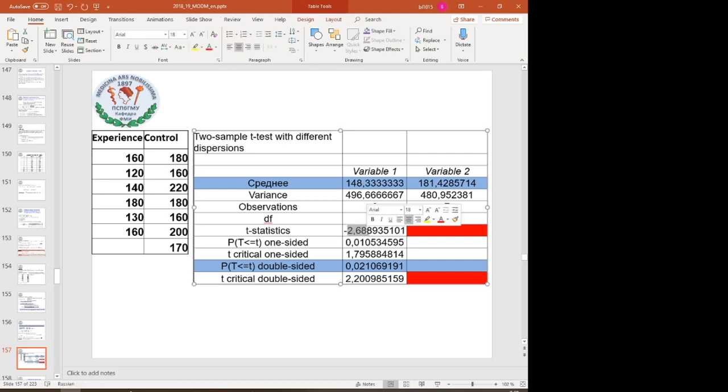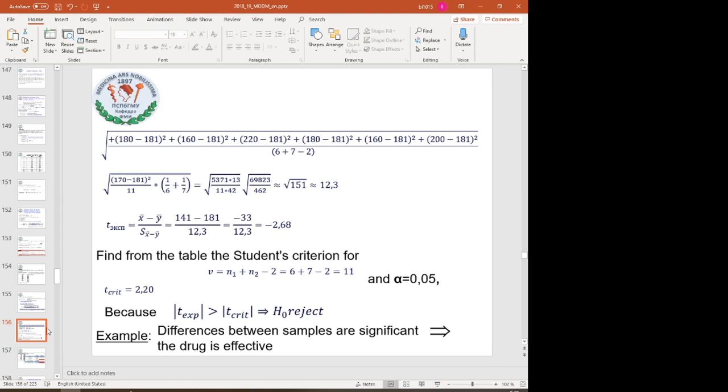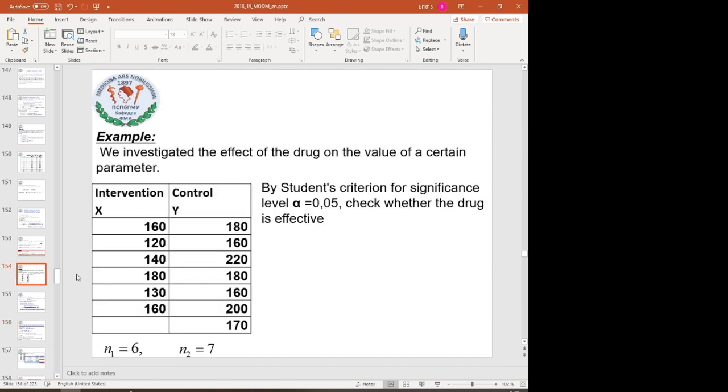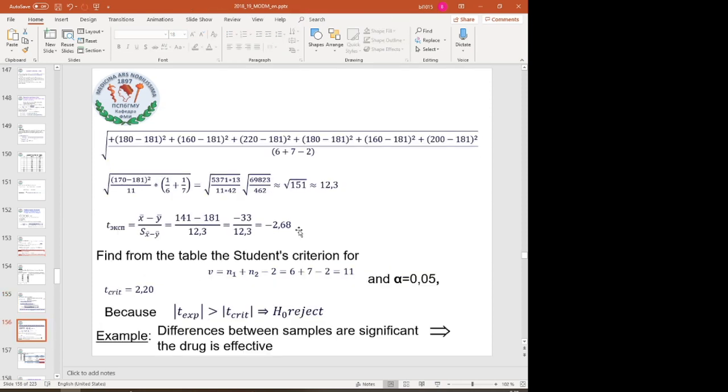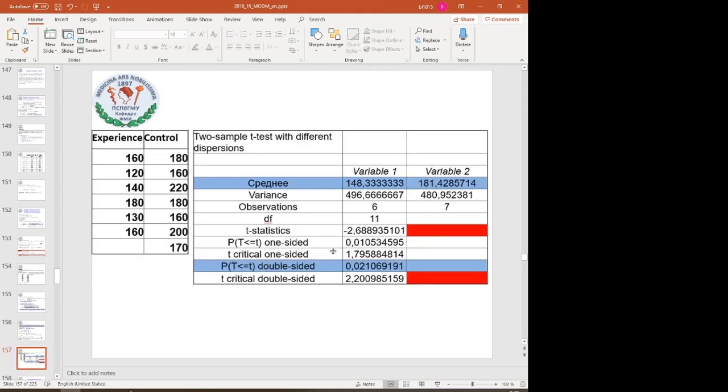The t-statistic that we roughly calculated, actually roughly rounding our values to 148 and 181, is close. We got minus 268 and the statistical program gave minus 269.